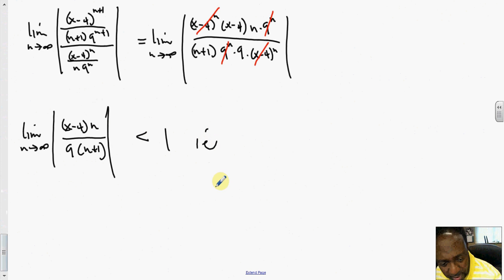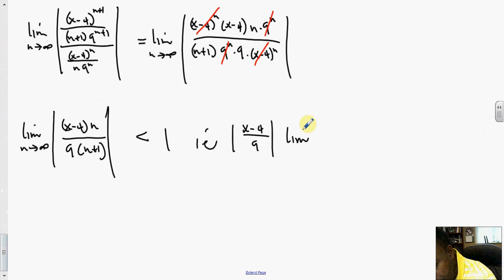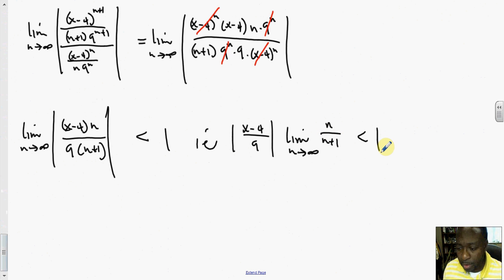So I'm going to write this: we can pull out the x minus 4 over 9, just put that in absolute value, because here the limit is with respect to as n is changing, not x. Right? This is times the limit as n goes to infinity of n over n plus 1. And we're saying here we restrict this to be less than 1.